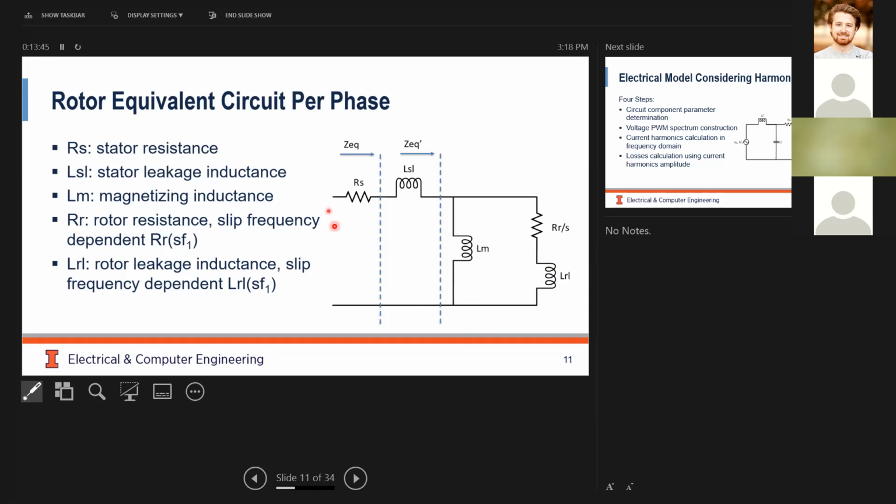So this is our equivalent circuit, for both the low frequency and high frequency cases. So it's higher fidelity than our conventional model. And you see this RR here. There is a term S, the slip. It's the frequency difference between the stator excitation and the rotor rotation.